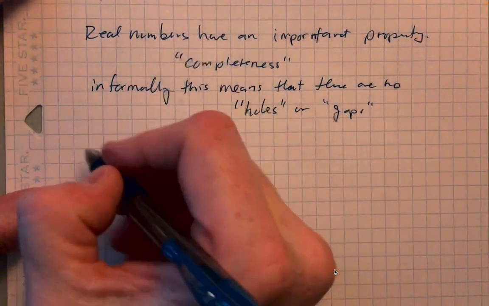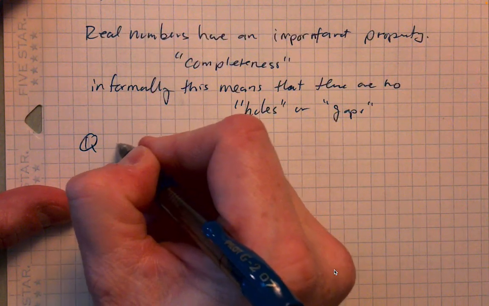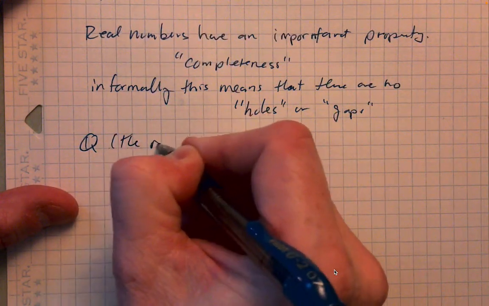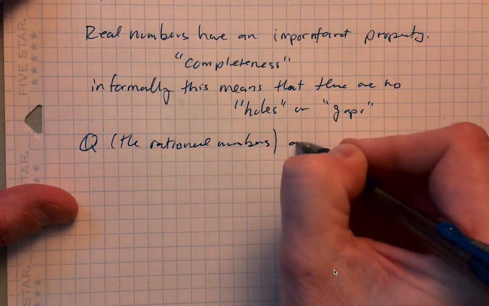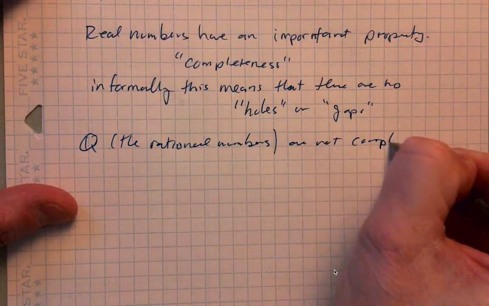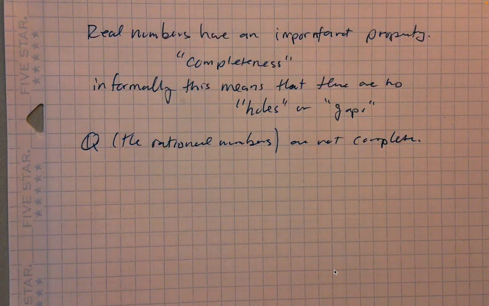The rational numbers, Q, are not complete. There are many ways to construct examples of holes and gaps in the rational numbers. Like the square root of 2, for example, is an irrational number, and there are ways you can show that there is a hole or a gap when you get to the square root of 2. But the real numbers don't have this problem.